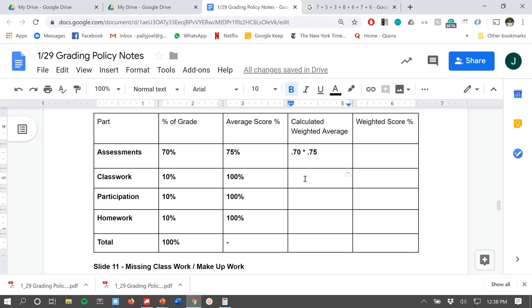We'll do all these steps together. 10% is 0.1. 0.10. 100% becomes 1 because the decimal starts off right here. We're going to move it over 2 spots. Sorry, start right here. 1, 2, like that. Now we got 0.1 times 1.